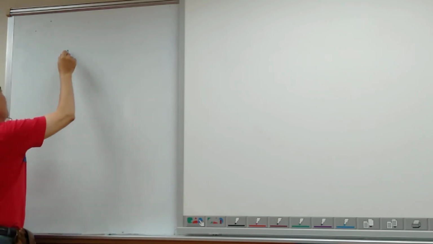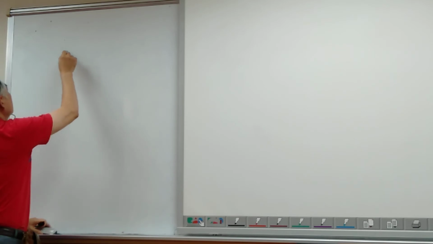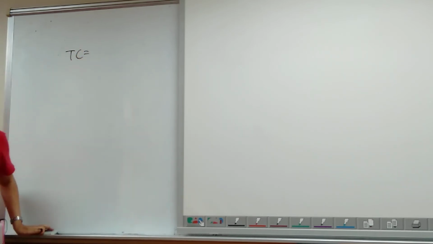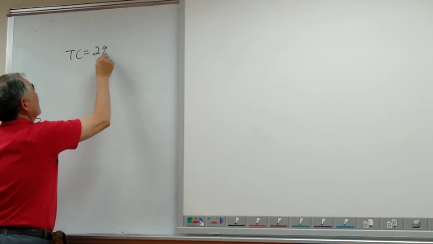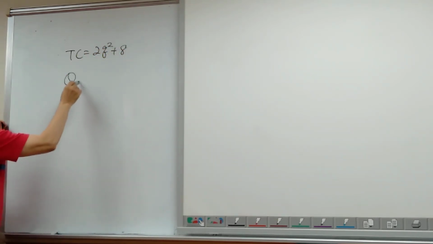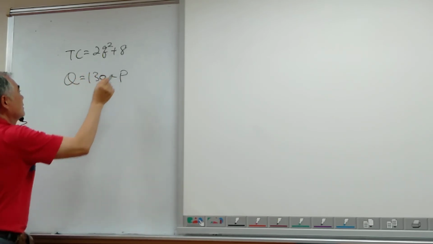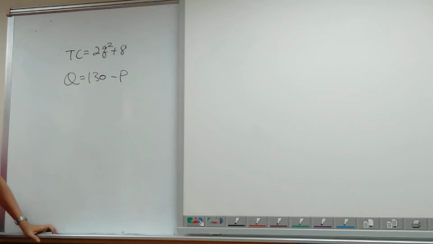Okay, TC is equal to 2Q squared plus 8, okay? And then Q is equal to 130 minus P, okay? So any question to this point? First of all, we are talking about short run.